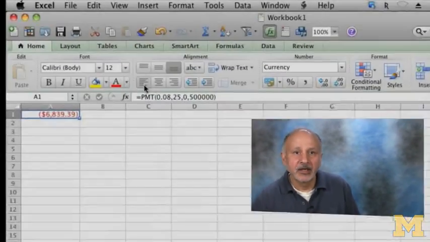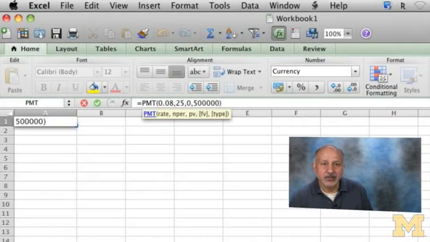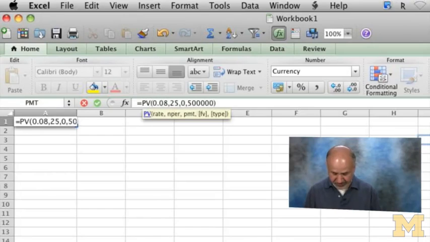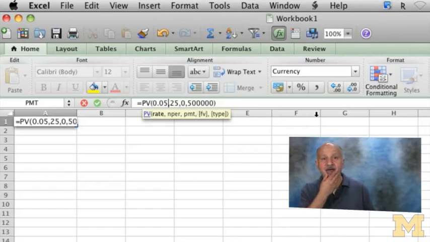Okay, so I'm going to go to Excel, and the good news is the previous problem is already there. So I do not want to do a PMT first because I already know PMT, but I want to do now what? PV, right? Interest rate is now not 8%, but it's 5%.